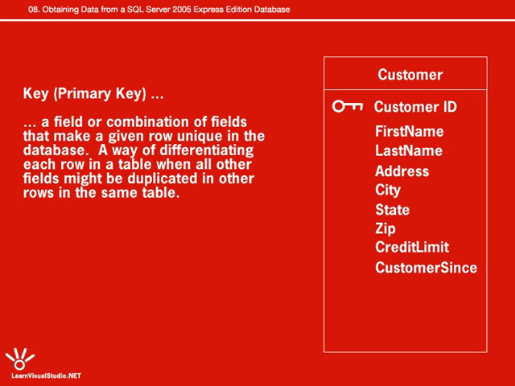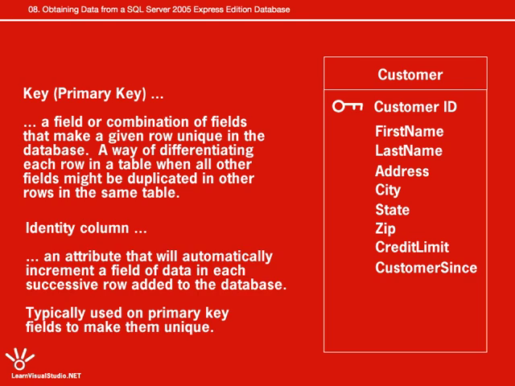And so we can set a special property of that column called identity, which will automatically number each record of data as it's added to the database, and we'll use that automatically numbered field of information for each record of data as its primary key, as what differentiates it from the other records in the database.